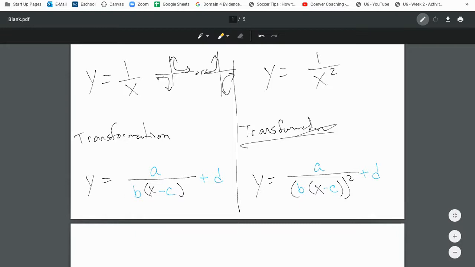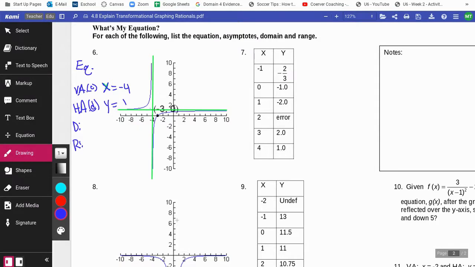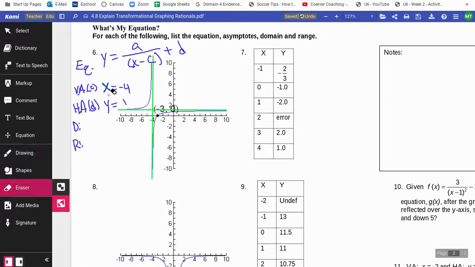If I'm dealing with this one over here, I know that it's going to be both in the top 2 quadrants or the bottom 2 quadrants. Okay, so this one, examples like this. So I know that my equation is going to be y equals A over x minus c plus d. Okay, well, I need to fill in some things, right? So I should know the c value right here.